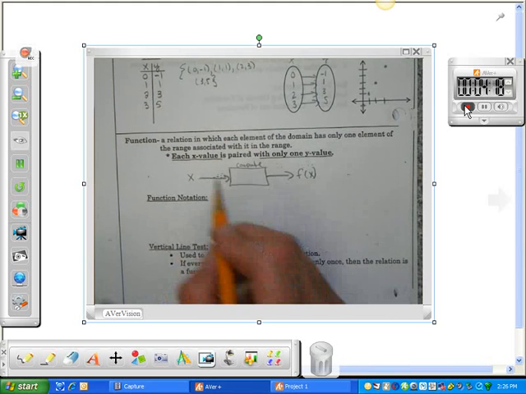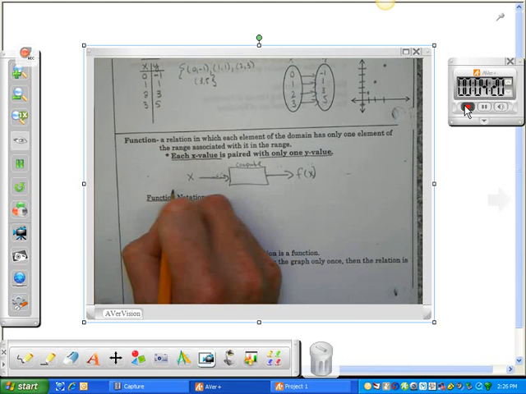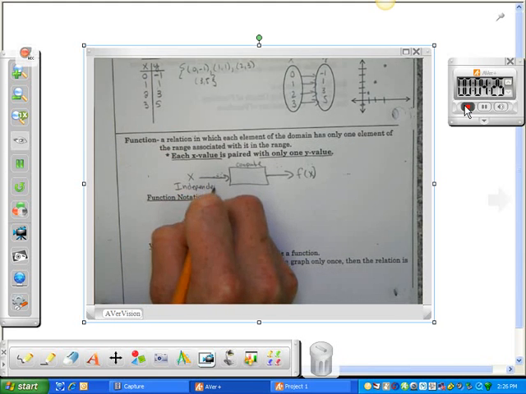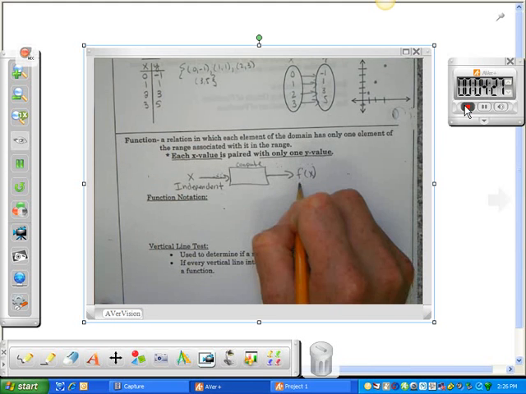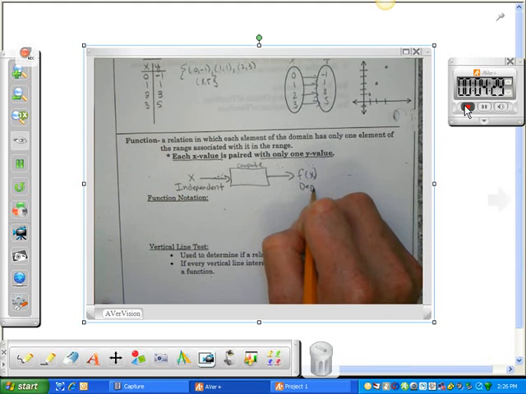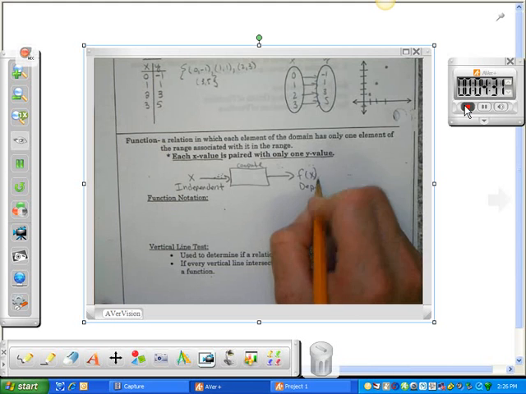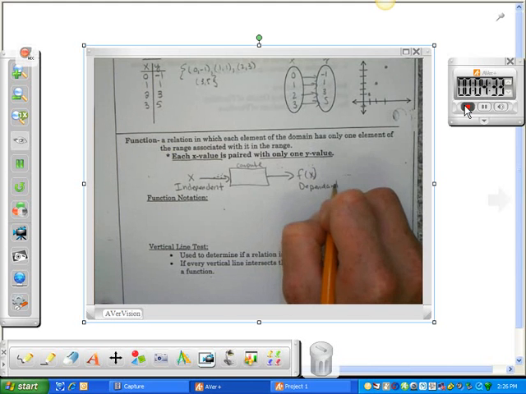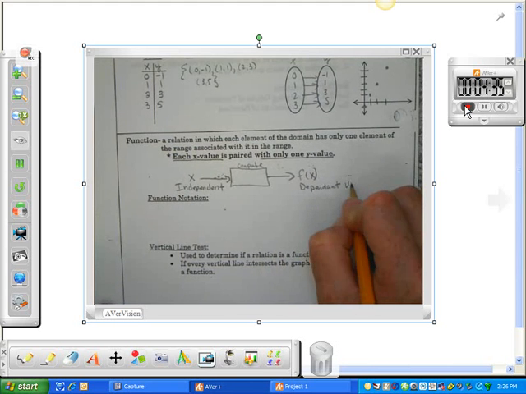So x is our input. This is our independent variable. And our dependent variable is f of x, known as y.